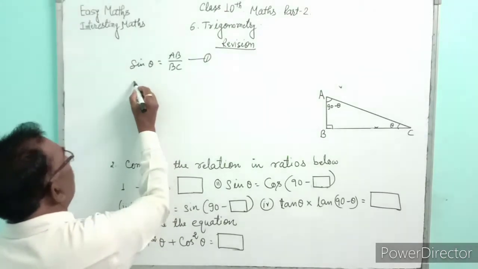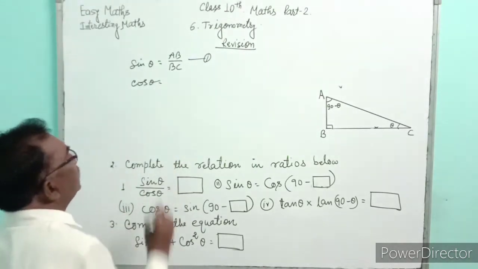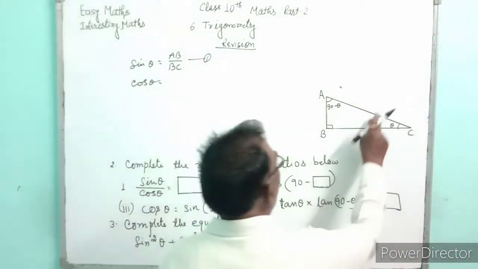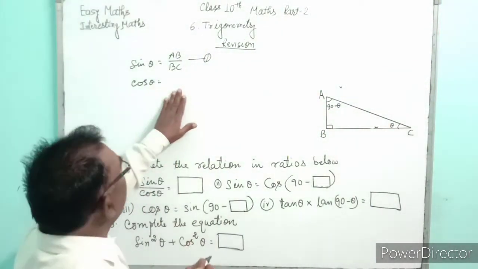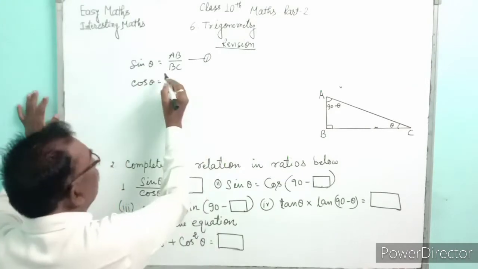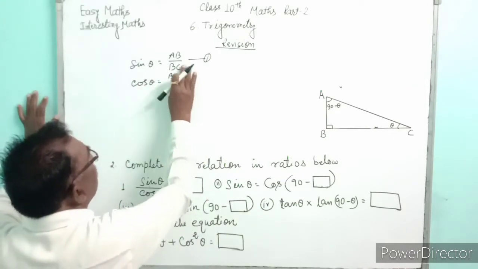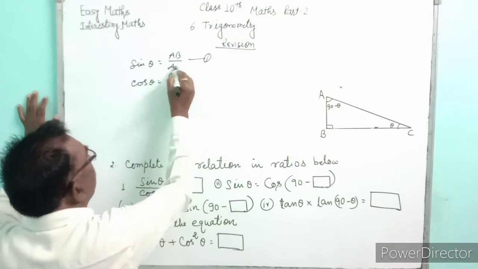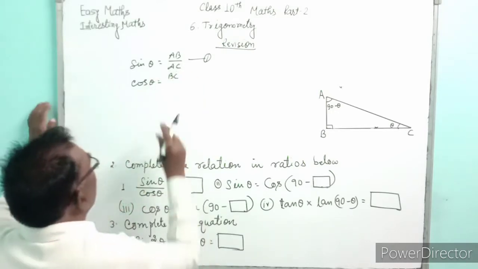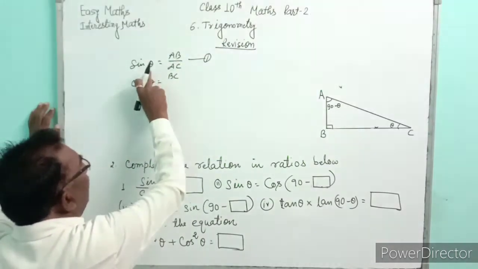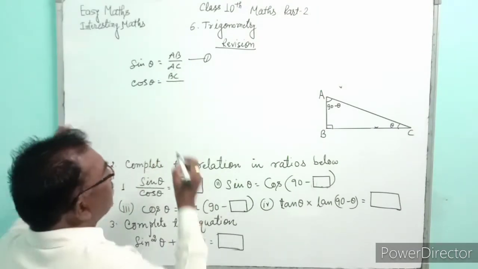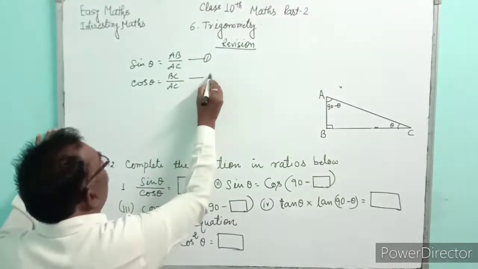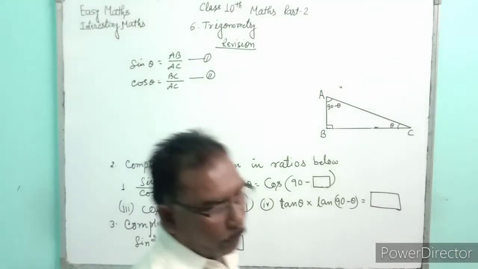Second, cos theta is equal to BC by AC, meaning the adjacent side of angle theta divided by hypotenuse. Here AB by AC is the opposite side of angle theta divided by hypotenuse. Here the adjacent side of angle theta divided by hypotenuse, that is AC, we will give number 2.